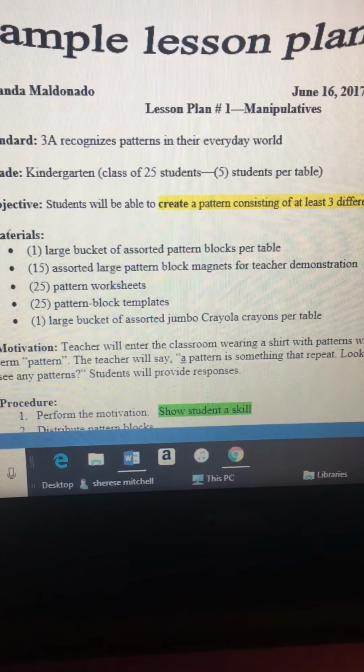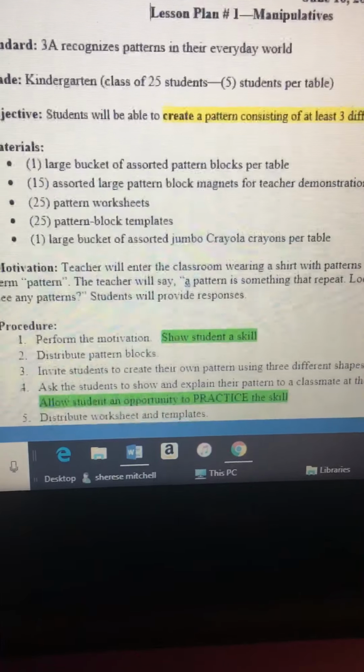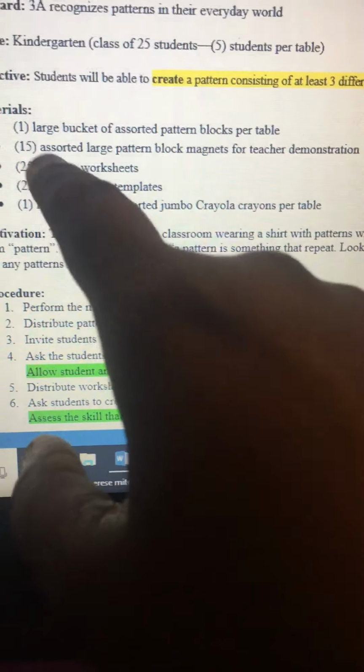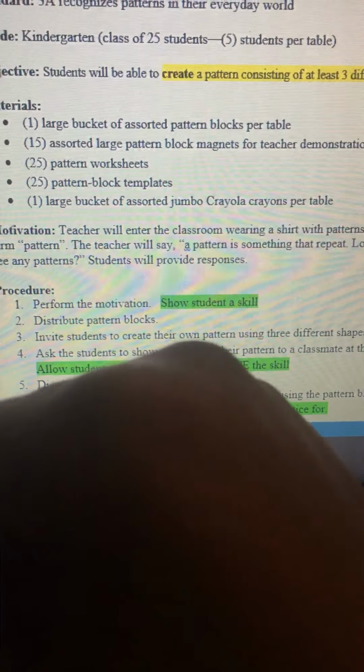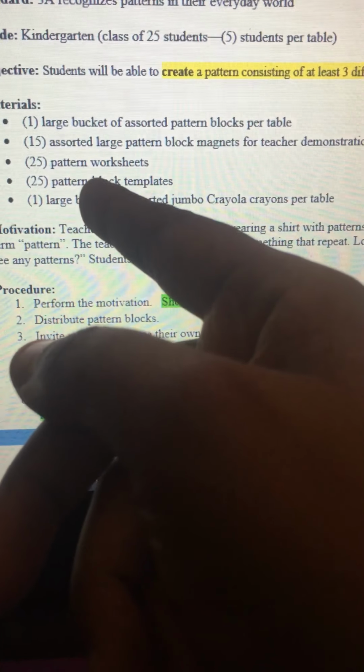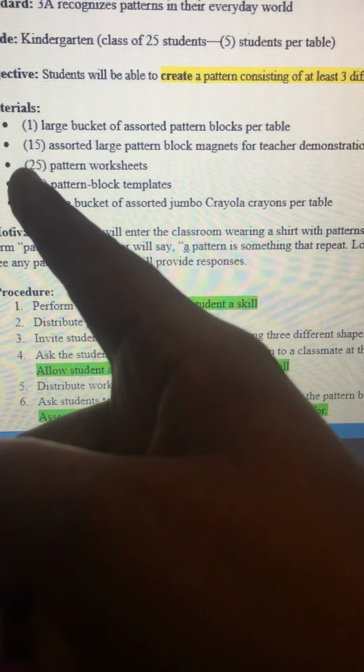Next, you're going to list your materials. The materials should have bullets. See how there are bullets there? And their numbers, like the quantities. How many buckets am I going to need? How many worksheets? All right? And I put them in parentheses. And then they should be specific. So you see how it says 25 pattern worksheets?